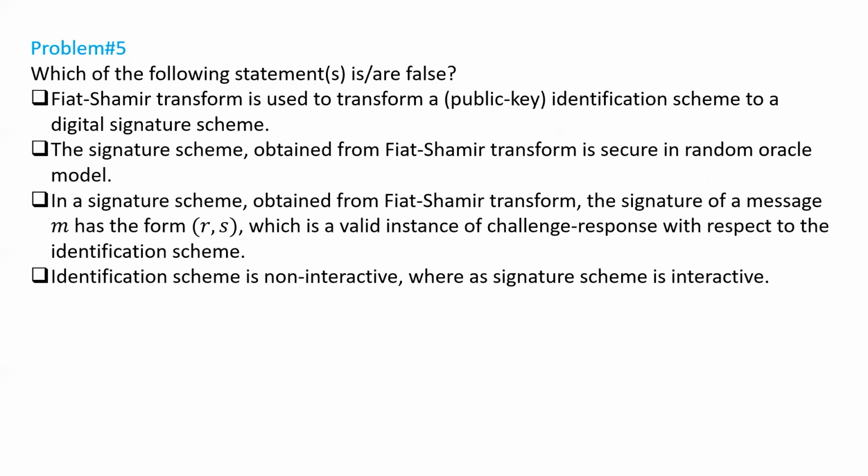In a signature scheme obtained from Fiat-Shamir transform, the signature of a message M has the form (R, S), which is a valid instance of challenge response with respect to the identification scheme. Identification scheme is non-interactive, whereas signature scheme is interactive. I will pause for some time. These are very trivial questions actually. You can answer. I'll pause for a minute.